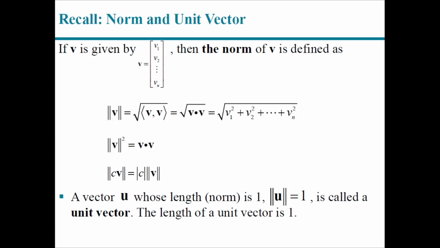So before we go to Gram-Schmidt, I'll just make a couple of reminders about norm and unit vectors, because these are things that will come and will be useful. If I have a vector with n components here, the norm is the square root of the dot product.